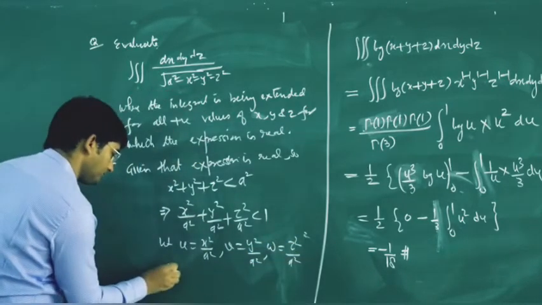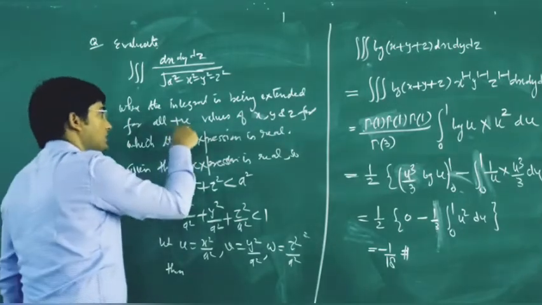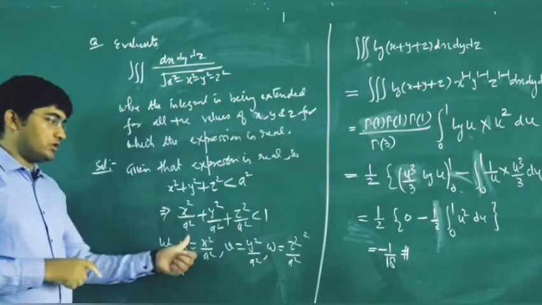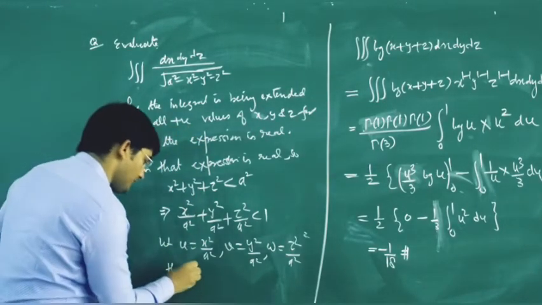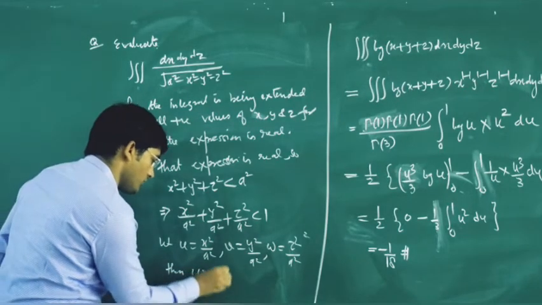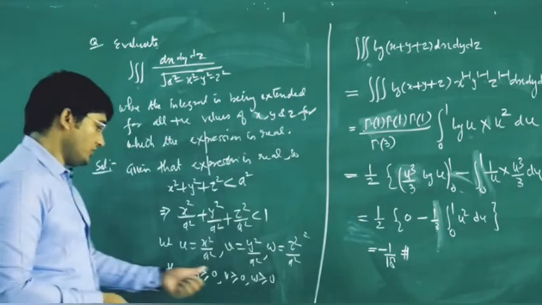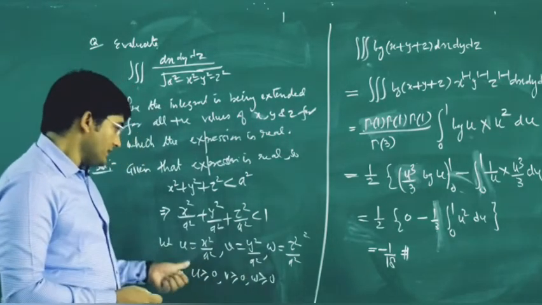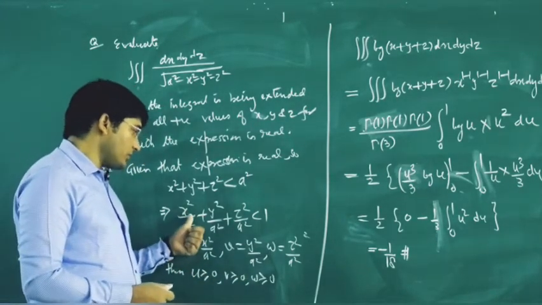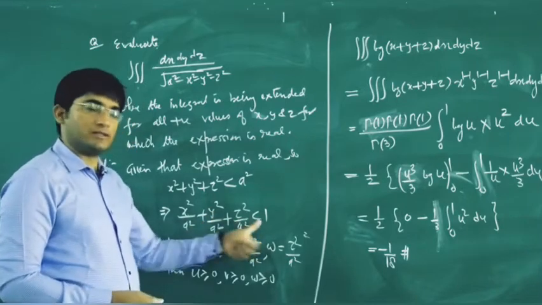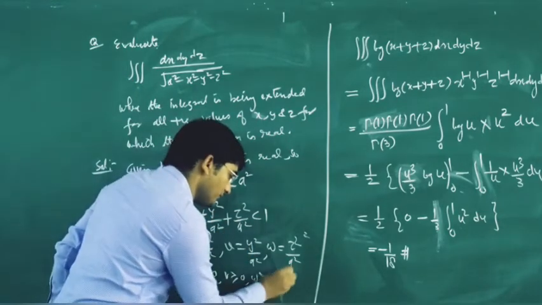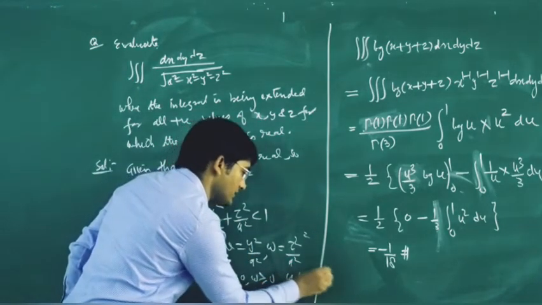Then as x, y, z are positive, our u, v, w are positive, such that u plus v plus w is less than 1.